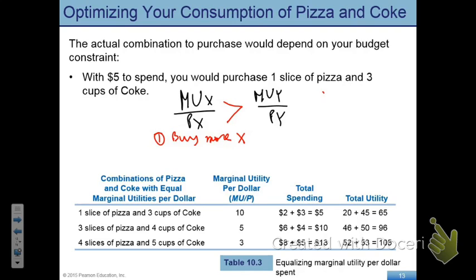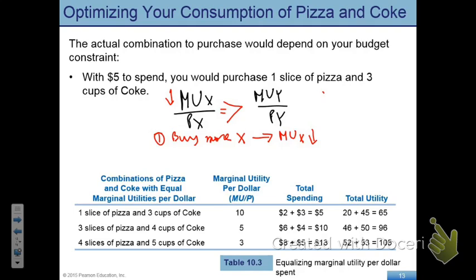When you buy more X, according to our diminishing marginal utility, your marginal utility from X is going to go down, right? So if the left hand side starts going down, you probably will reach an equilibrium again. Do you all see that? The left hand side was larger. As marginal utility per dollar goes down, the left hand side starts going down and you might have an equilibrium.